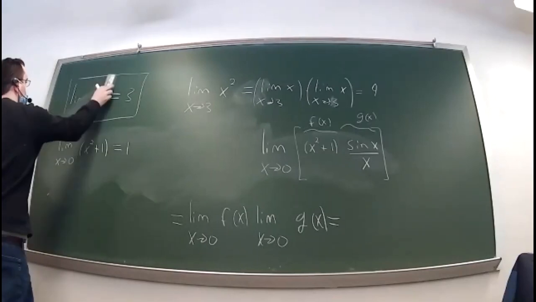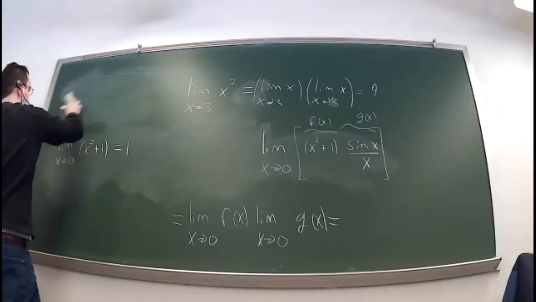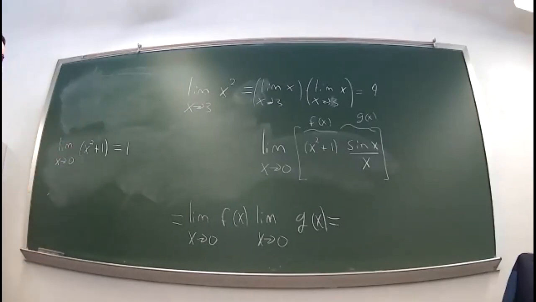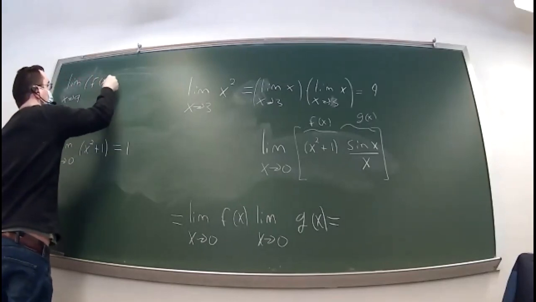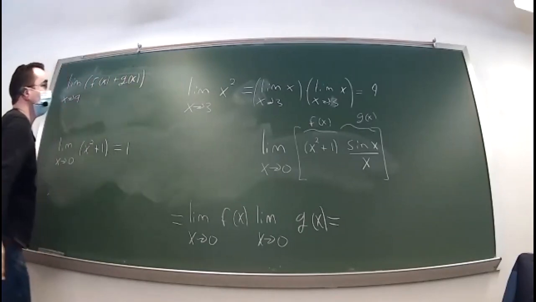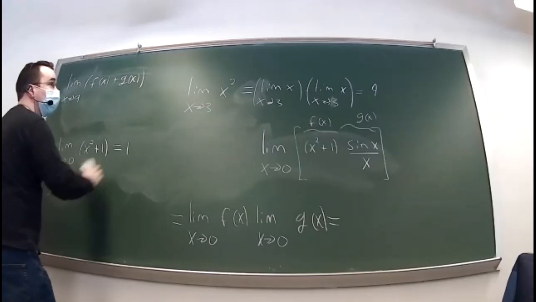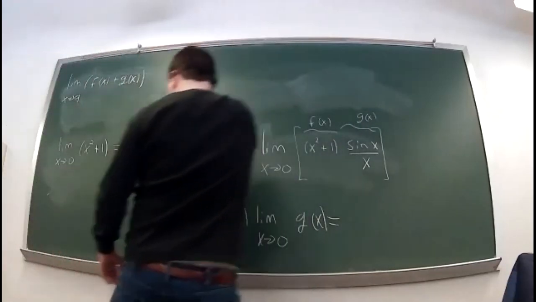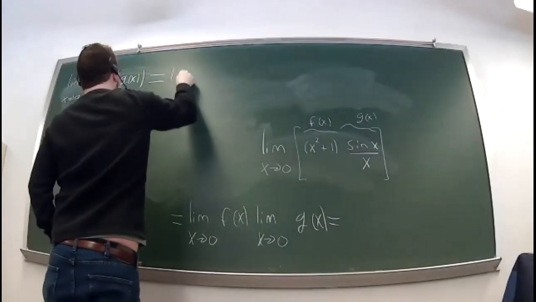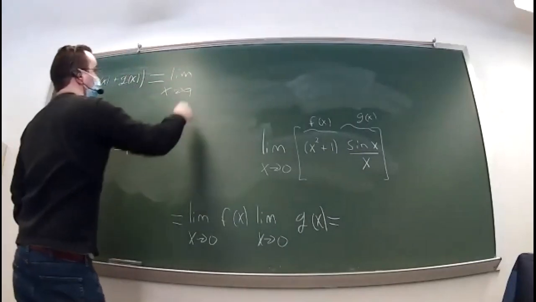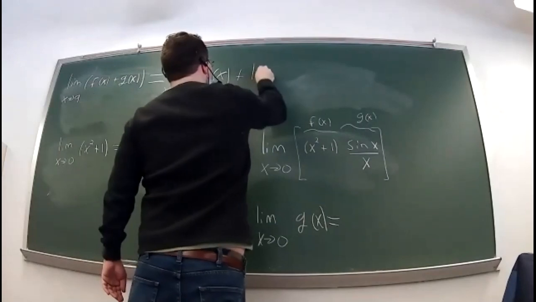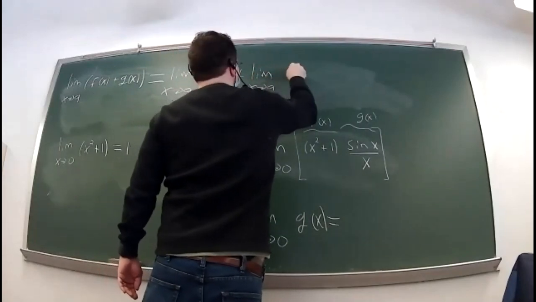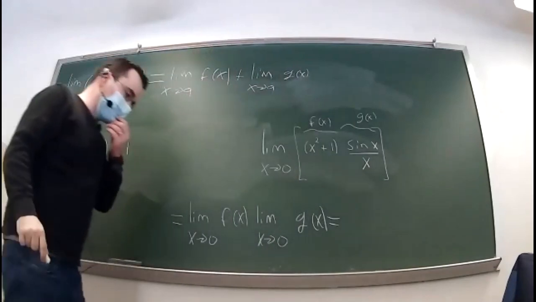Well, you could use this limit law that we saw in the first video, the sum limit law. But I know maybe that was a little blurry, so I'll state it here. It says that if you have a limit as x goes to a point of a sum of two functions, then that is going to be equal to the limit of the first term plus the limit of the second term.